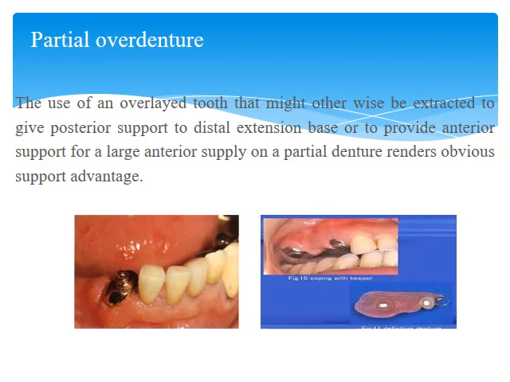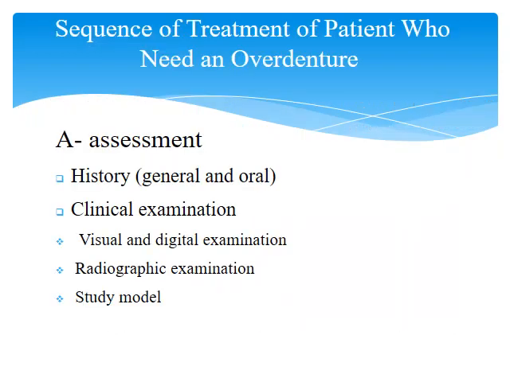Partial overdenture, the use of an overlaid tooth that might otherwise be extracted to give posterior support to distal extension base or to provide anterior support for a large anterior span on a partial denture, render obvious support advantage.